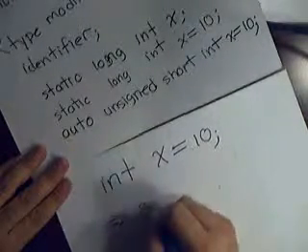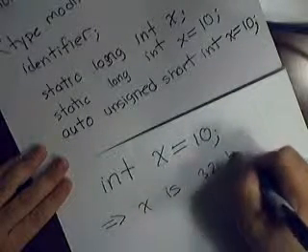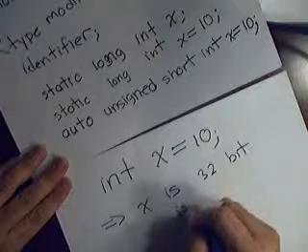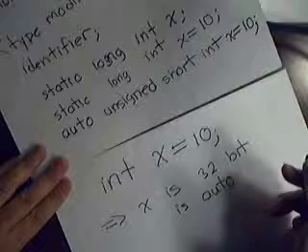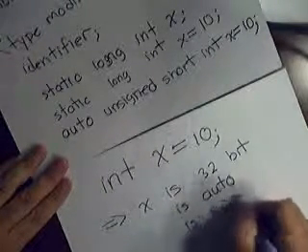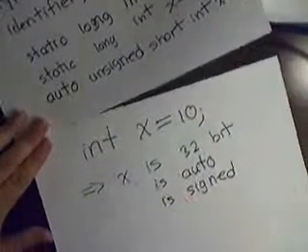So this implies that x is 32-bit. It's not short, long, it's normal. Is auto, meaning automatic, it's not static. And it is signed. So this is the default behavior.